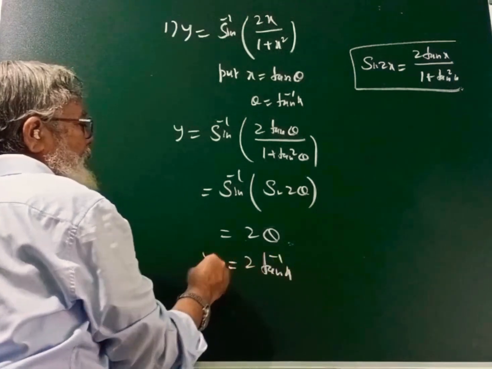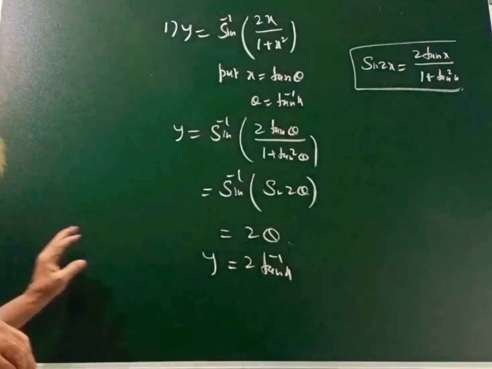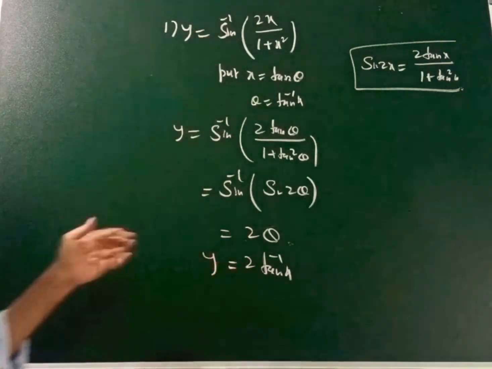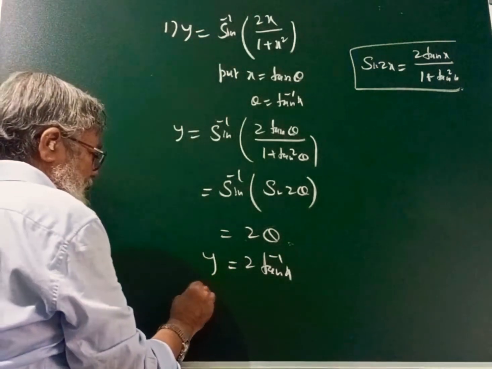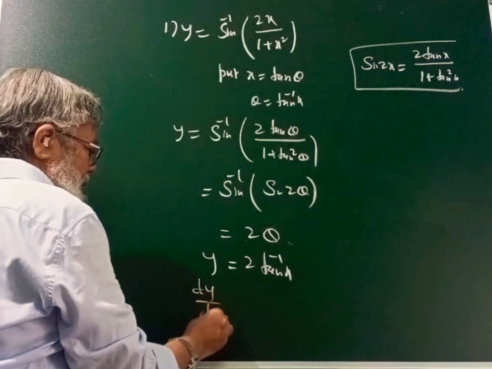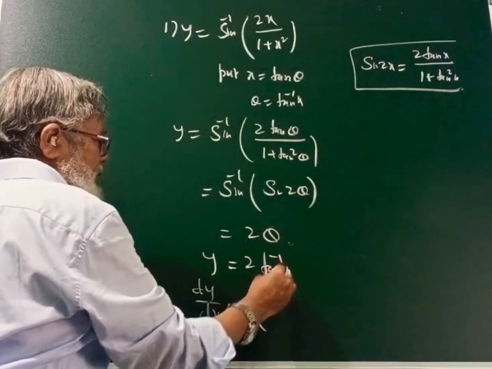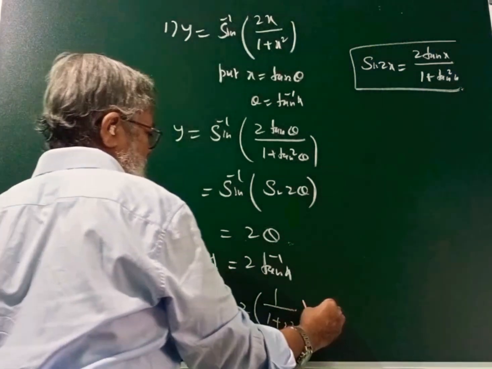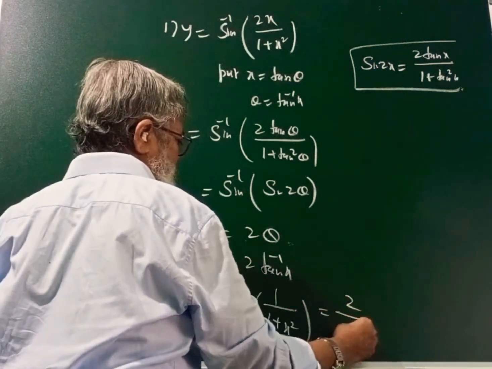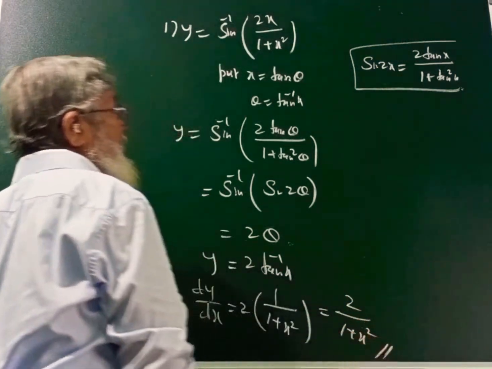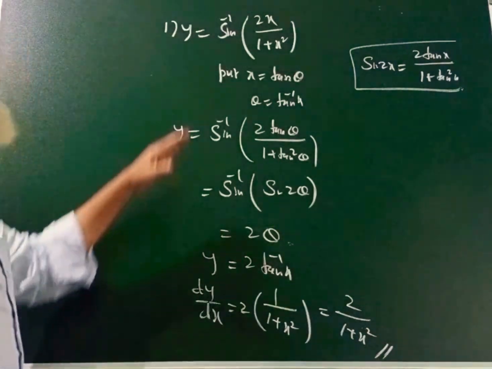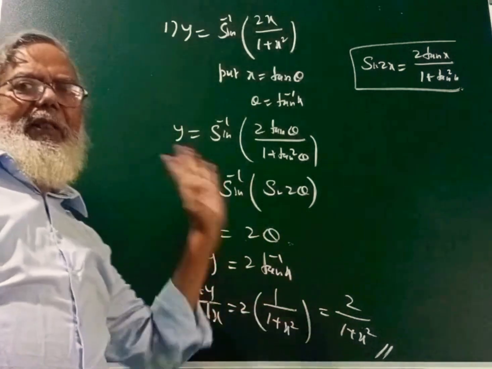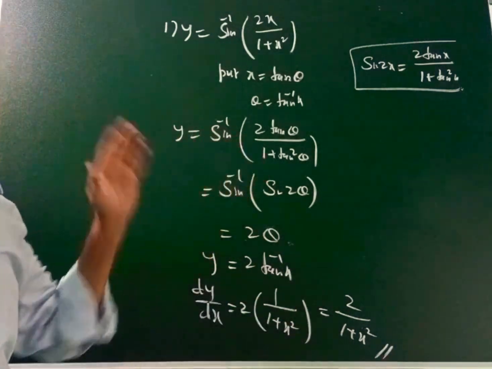This is the actual simplified form of the given function, and now it is easy to differentiate. Differentiating with respect to x, dy by dx is 2 into the differentiation of tan inverse, which is 1 by 1 plus x square, that is 2 by 1 plus x square. Even if you differentiate directly, after much simplification we get the same answer, but it is better to use this method.